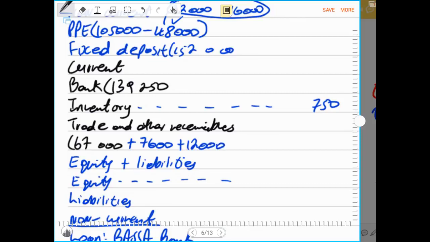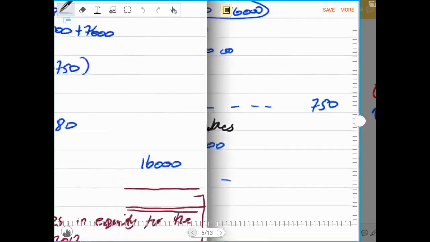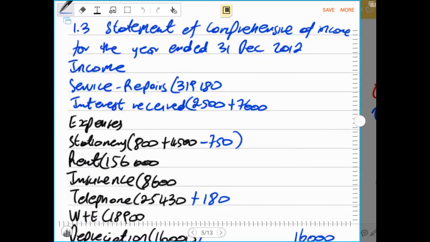So now we have recorded that as our prepaid rent of 12,000, and we have to record that in the income statement, where we go under rent and say minus 12,000 rands. Why must 12,000 rands be subtracted? Because the rent of 12,000 is not for the year 2012, but the rent of 12,000 that is included in that 156,000 rands is for the first month, which is the month of January 2013.